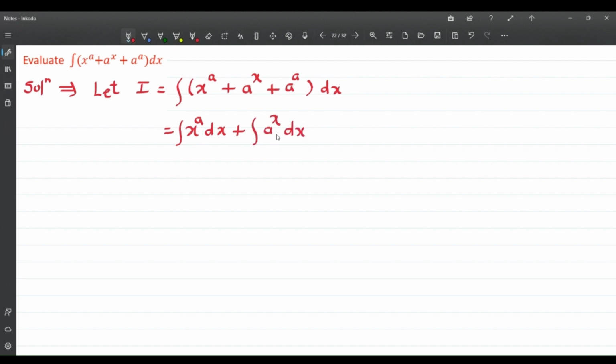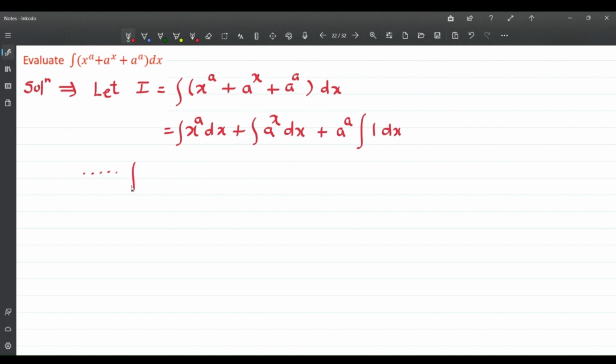And for the last term, here a is constant and this a is also constant. Therefore, we take it out of the integration, that is a raised to a. Then the remaining term in the integration is 1 dx, or only dx. Which formula can we apply for this?